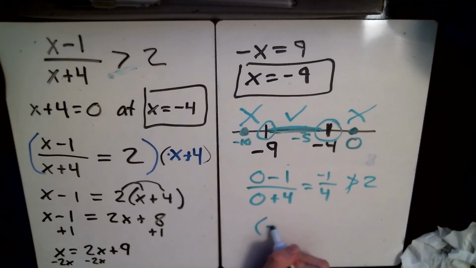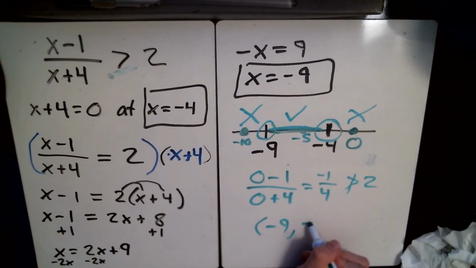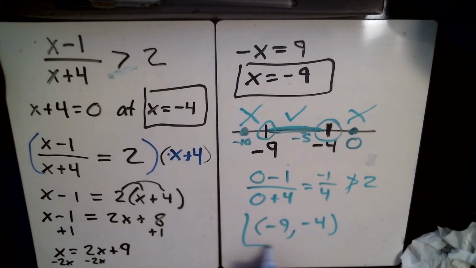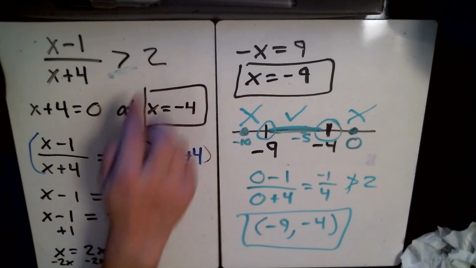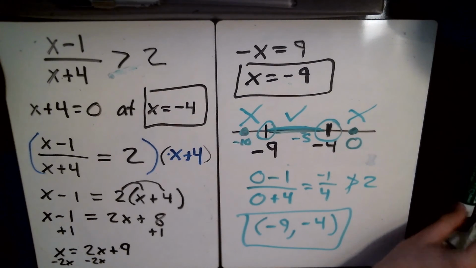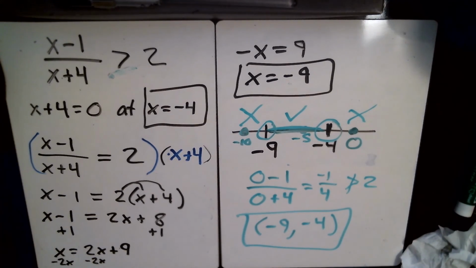So our answer in interval notation is -9 to -4, and that's our answer. Okay, so we were able to find the solutions of this inequality where we didn't have a 0 over here. So it's basically a similar process. It's just that solving it is a little more cumbersome than the other ones. So anyway, hopefully that helps. Good luck on the homework.